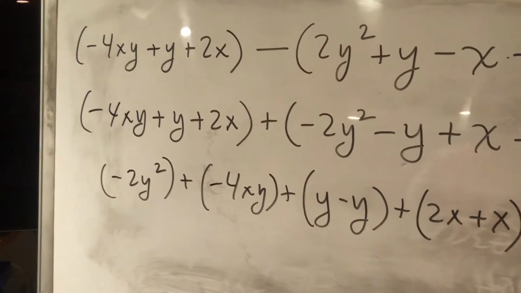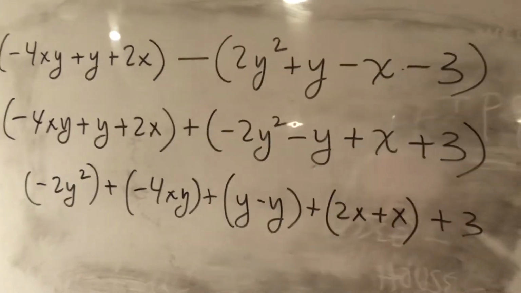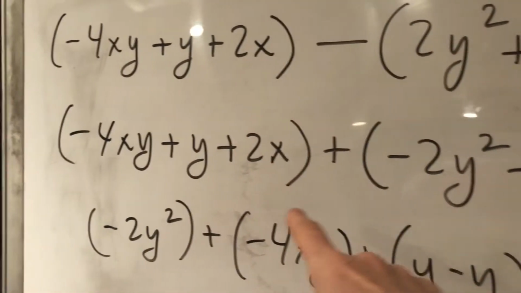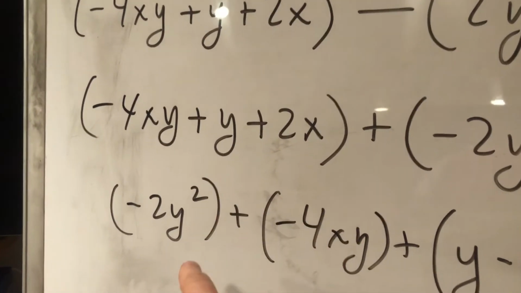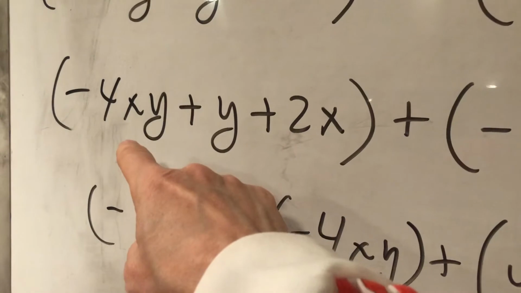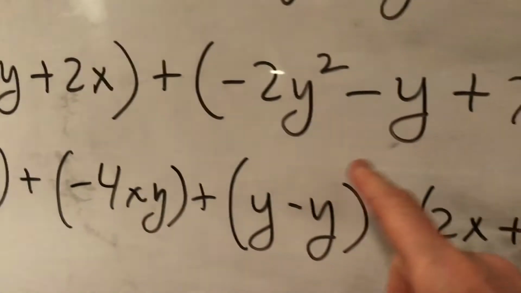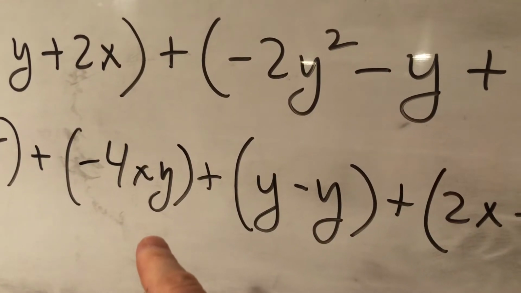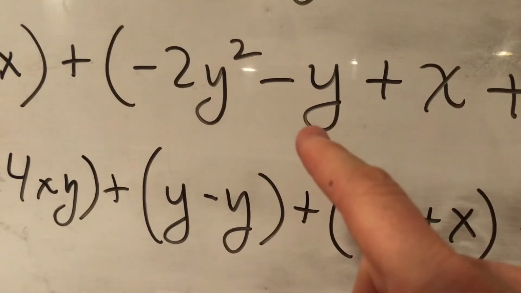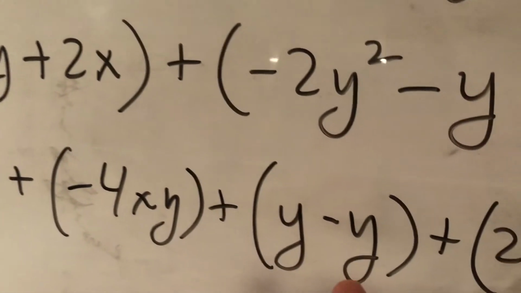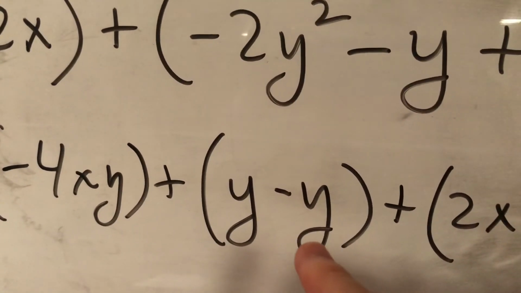Okay, so you can see where I sorted out the like terms. Now in this quantity we had a y squared, and in this one we didn't have it, so we just brought that down. In this quantity we had a -4xy. We had nothing that said xy over here, so we brought that down.